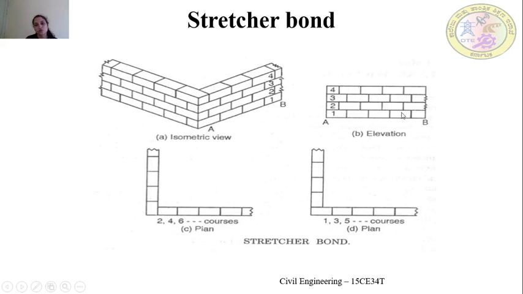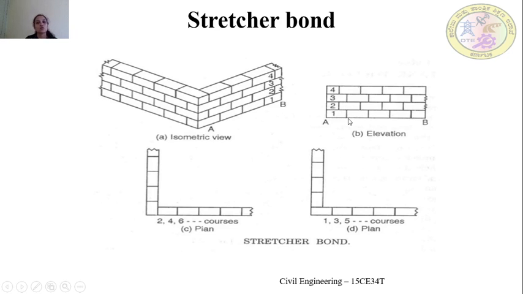In the first course, stretcher facing is placed to the face of the wall, all the bricks laid lengthwise. If we place one more stretcher on top of the first course, what happens? Vertical joints come one over the other.